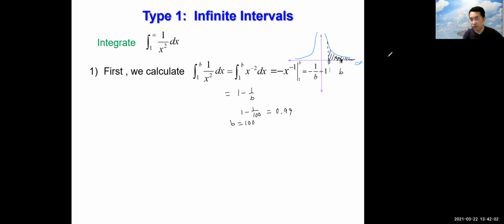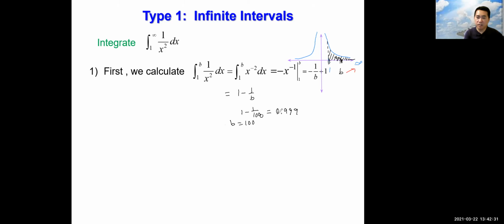Then you move b further, so we have thousands, then that'll be 1 over 1000, and that becomes 0.999. So what do you think happens if b approaches infinity?